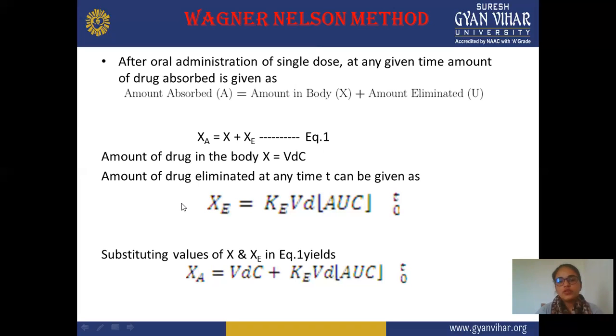Substituting the values of X and XE in equation 1, we get XA equals VD C plus KE VD in bracket AUC 0 to t, because here X is already simplified to VD C. We are replacing X with VD C plus KE VD AUC 0 to t.